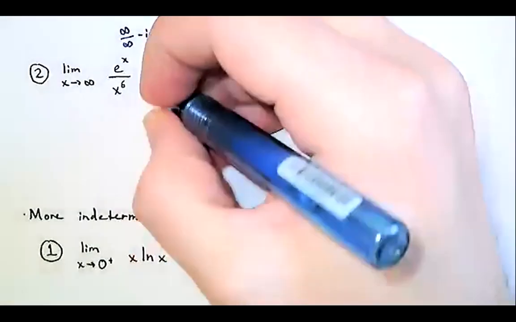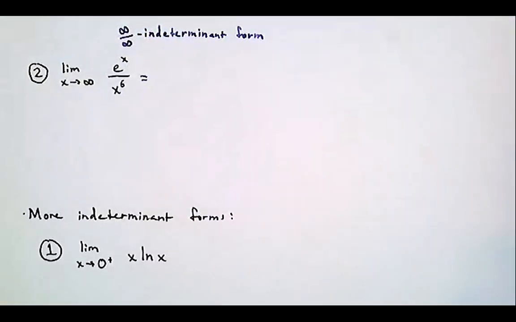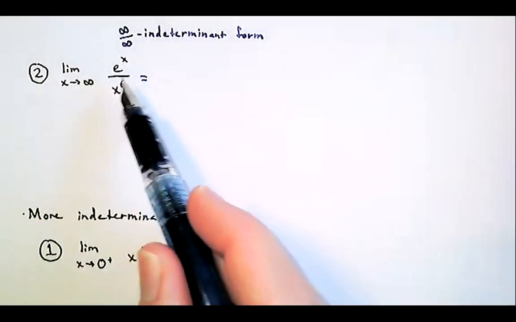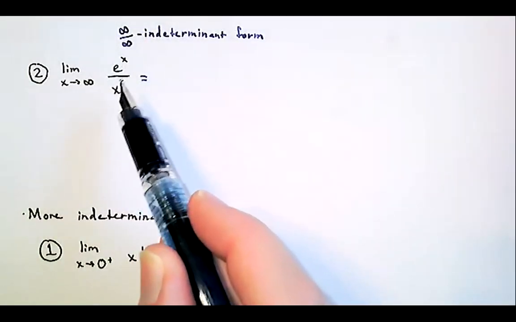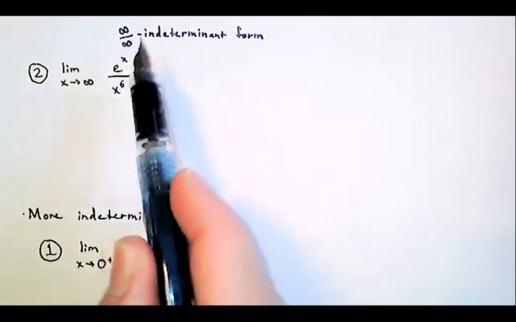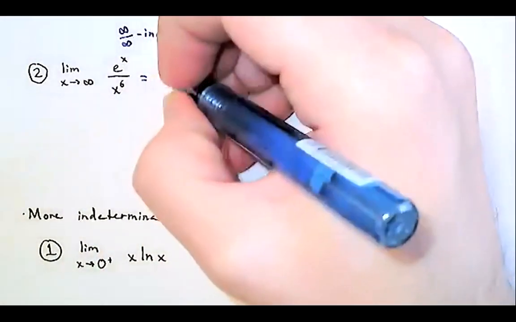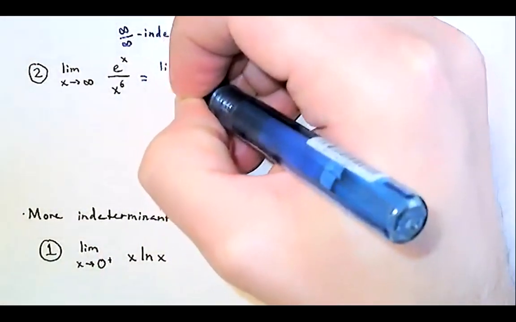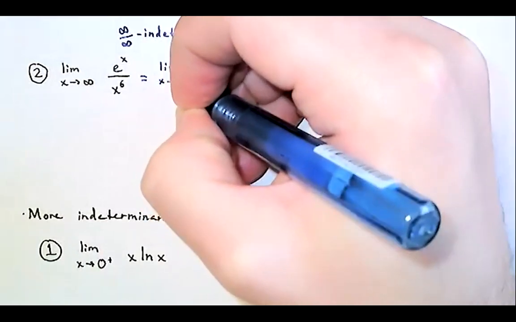Okay, so since this is an infinity over infinity indeterminate, and we know how to find the derivatives of both of these, then we can apply L'Hopital's rule.